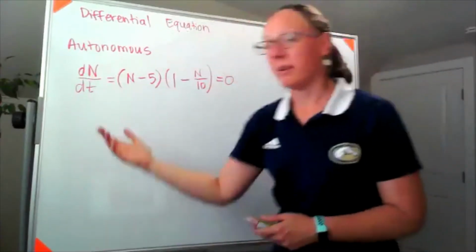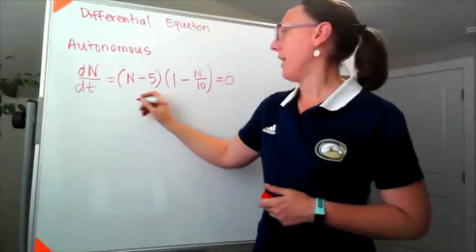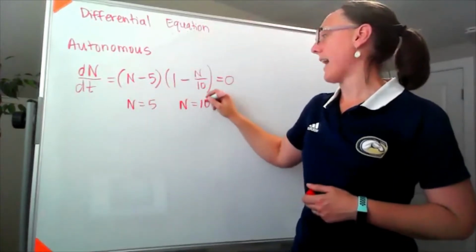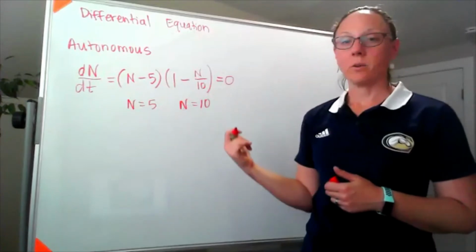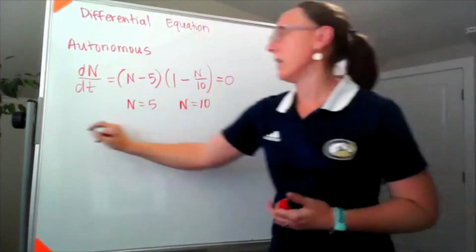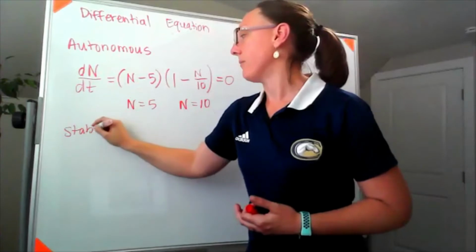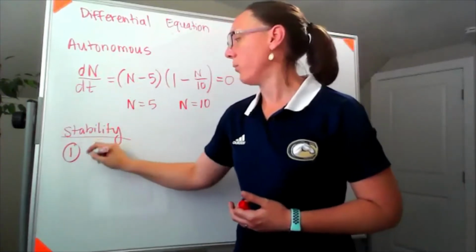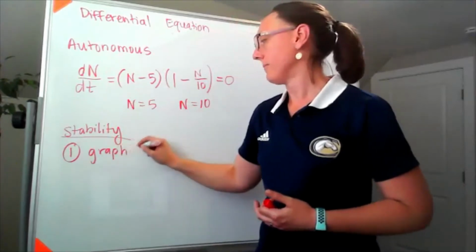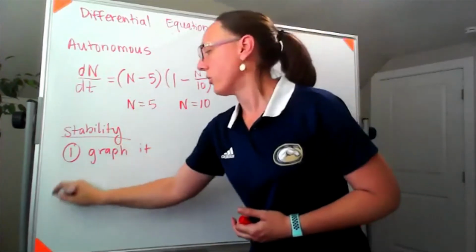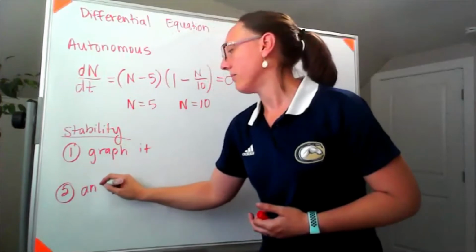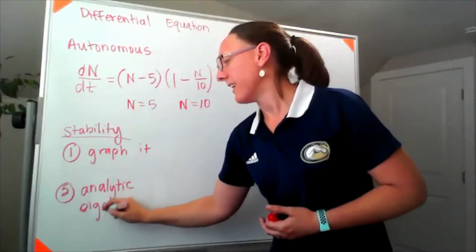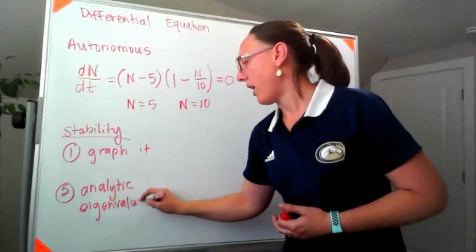So I'm going to find our equilibria here. In this case, I've got N equals 5 or N equals 10. And we can find those equilibria and classify stability. Well, to classify the stability, we have two options. Option 1, we can graph it. And option 2, we can use the analytic, or sometimes referred to as the eigenvalue approach.